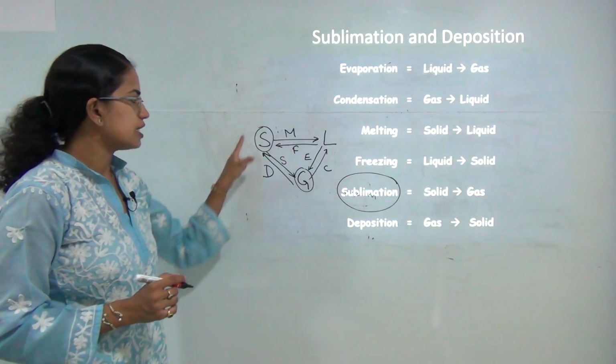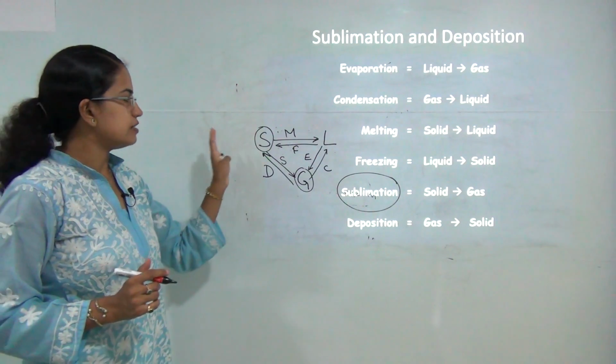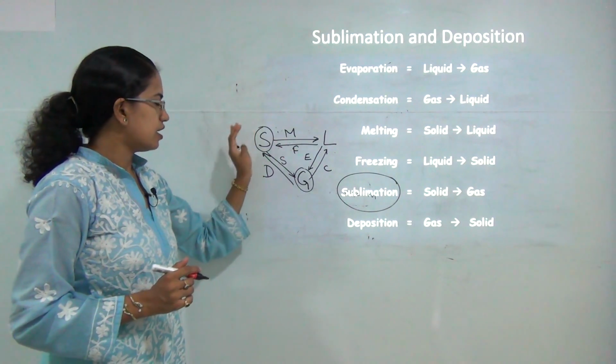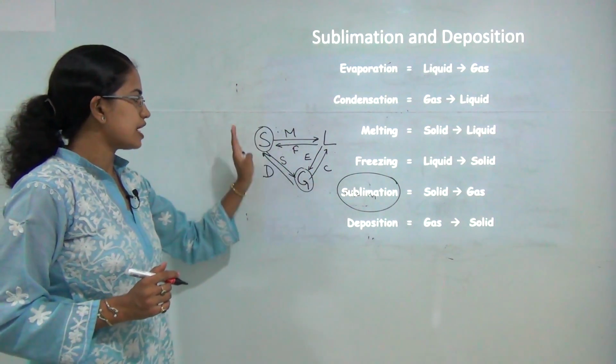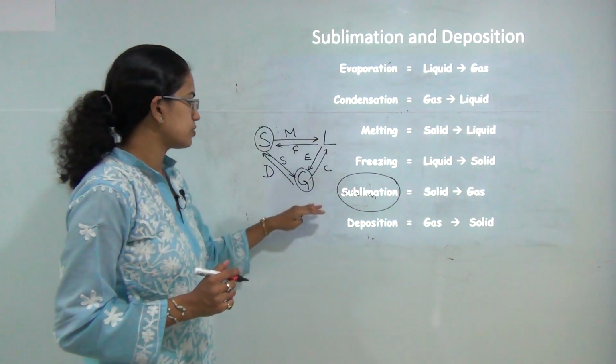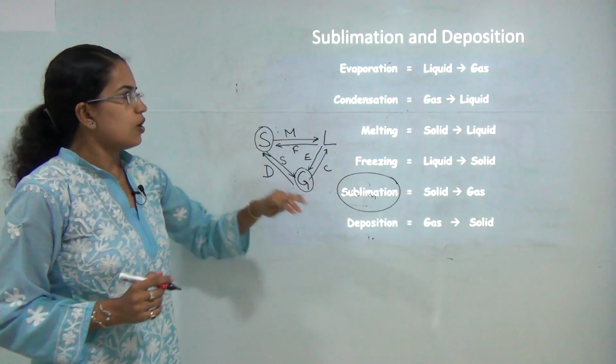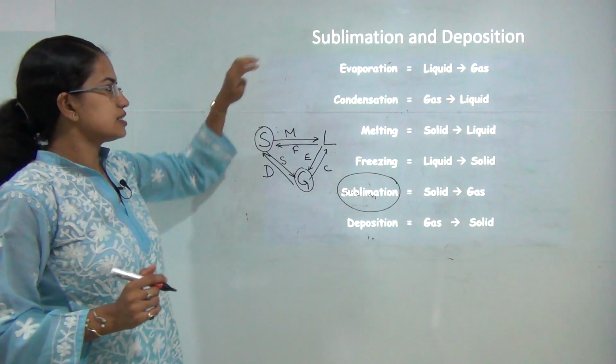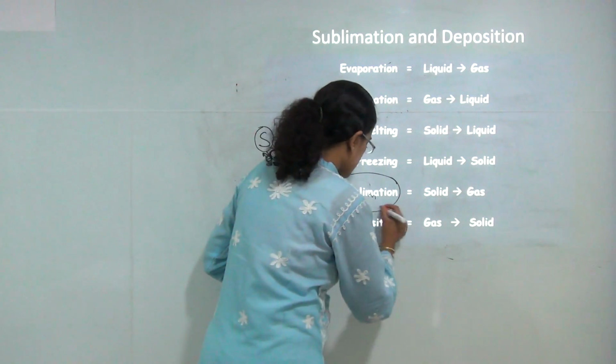So these are the 6 processes that help you convert the various phases, that is from solid to liquid, liquid to gas and gas to solid. Now in this session, what is important is the two processes, sublimation and deposition.